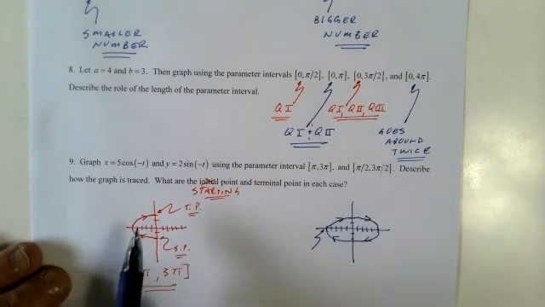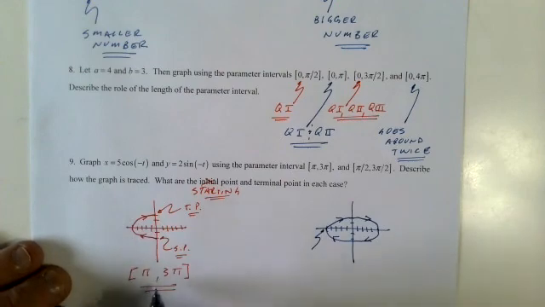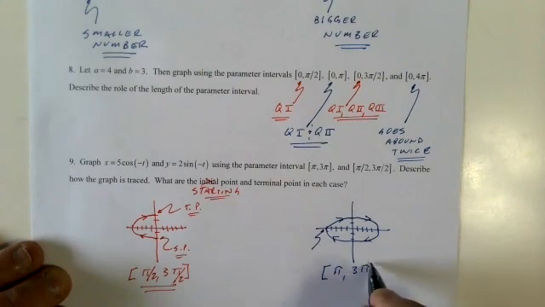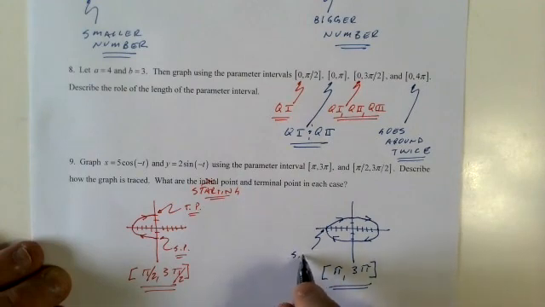Oh. So I have these backwards. Oh, cool, I can be lazy. That's so lazy. And this would be pi to 3 pi. Starting point and terminal point.